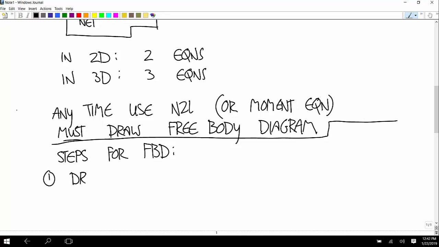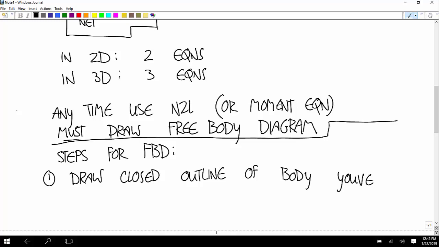So first, draw a closed outline of the body you've chosen to isolate.